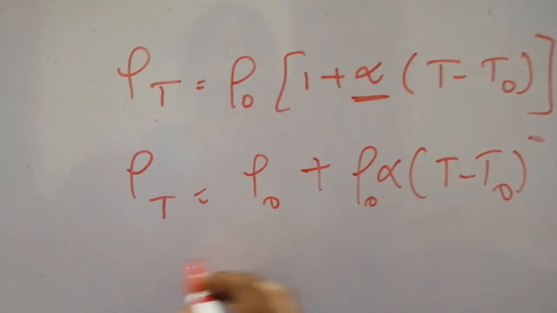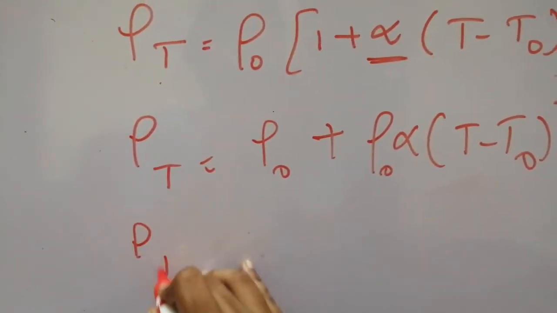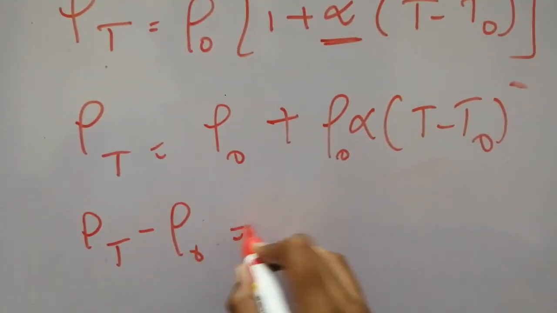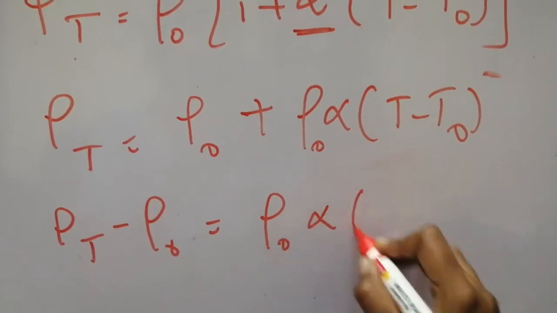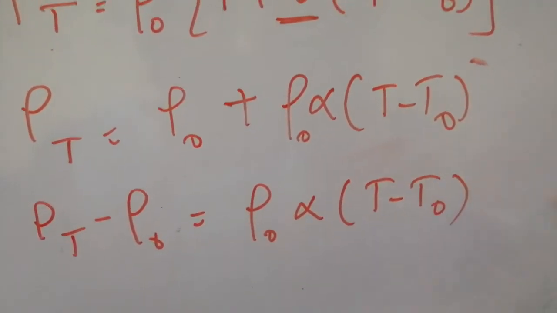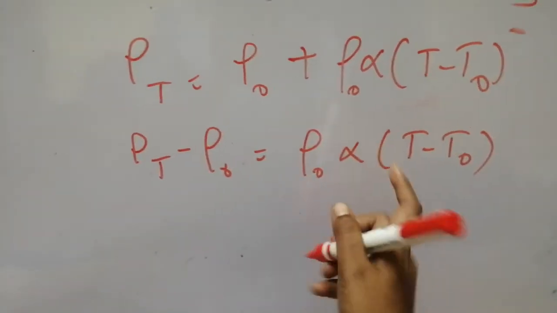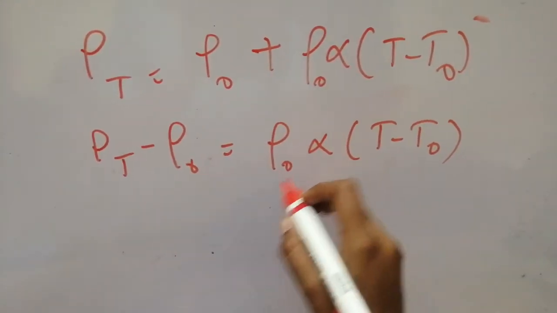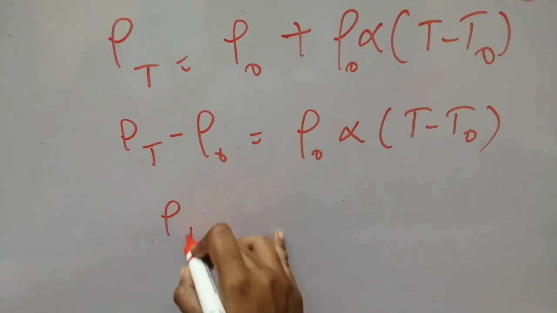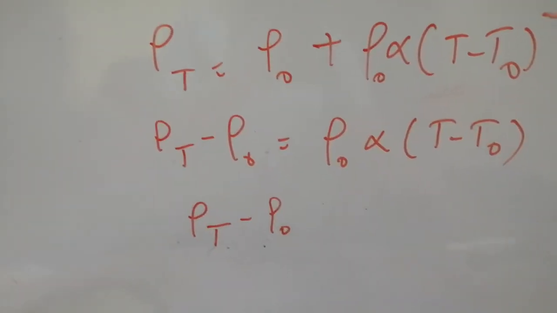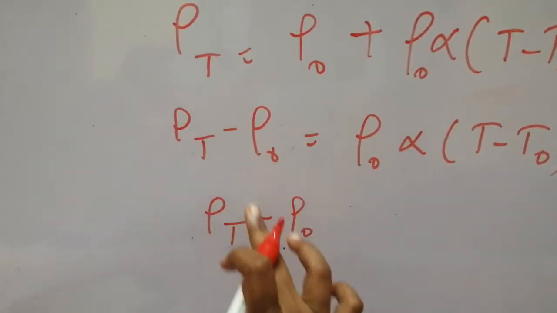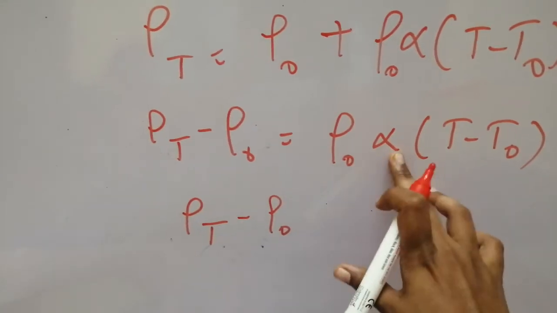So bring this rho naught to the other side. It is rho T minus rho naught is equal to rho naught alpha into T minus T naught. What we need is only alpha. So bring all the things to the other side and have the alpha alone on one side. So rho T minus rho naught as it is, and this alpha alone I want.